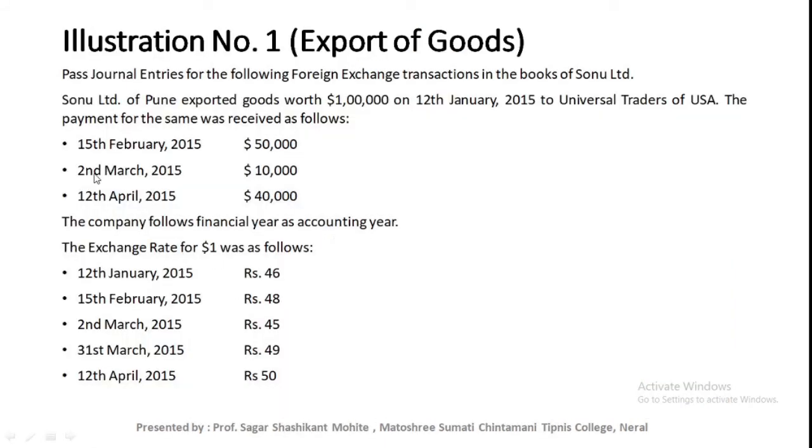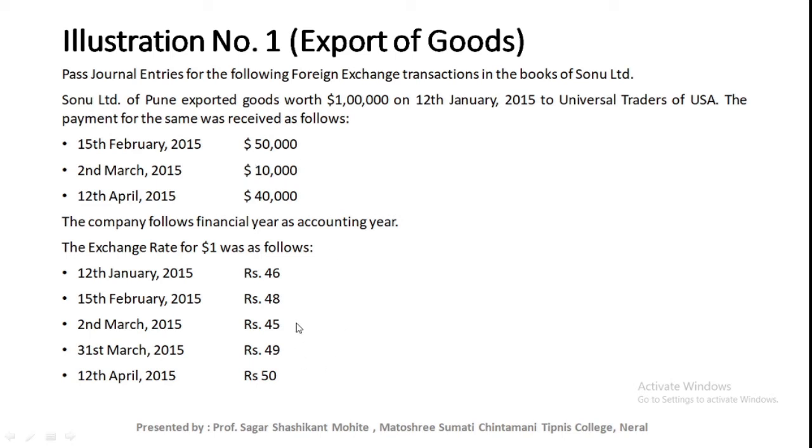Now the next date is 2nd March 2015. Just keep in mind our year end is 31st March 2015, so we need to close our books on 31st March 2015. But before that, we need to transfer the current transaction, that is the 2nd March 2015 receipt of 10,000 US dollars.